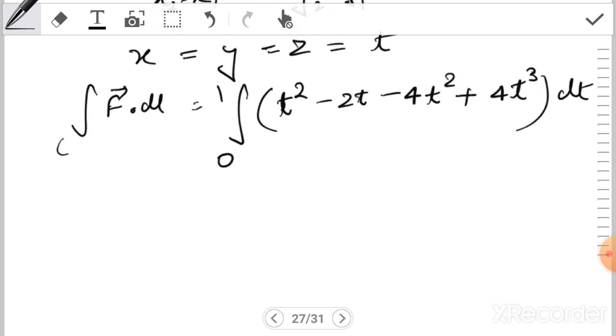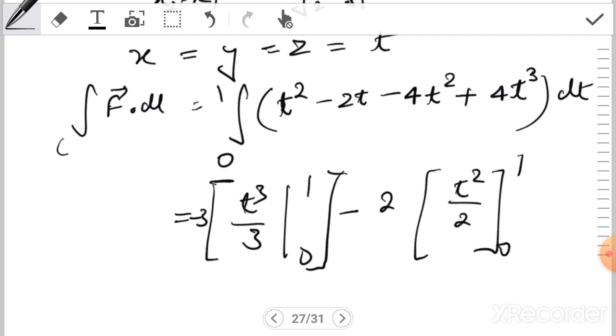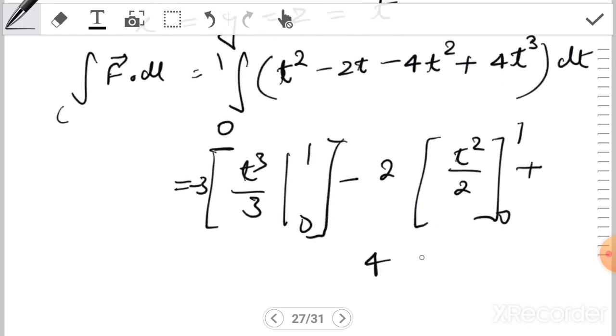So integral of t square is t cube by 3, 0 to 1, minus, this is minus 3t square, so you can write minus 3 outside, minus 2 t square by 2, 0 to 1, plus 4 t raised to the power 4 by 4, 0 to 1.